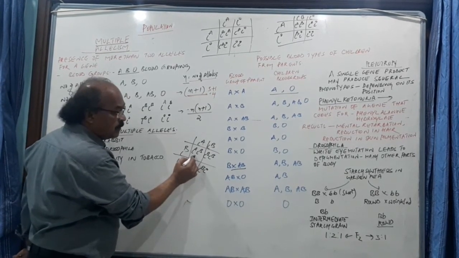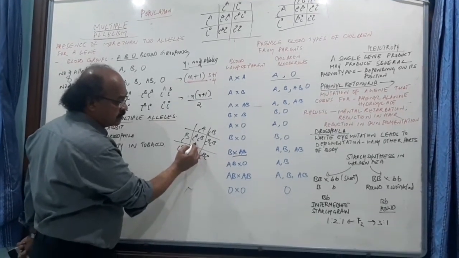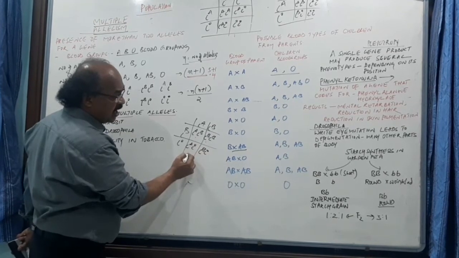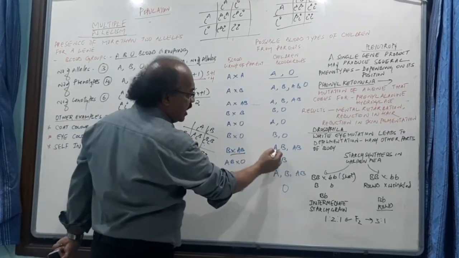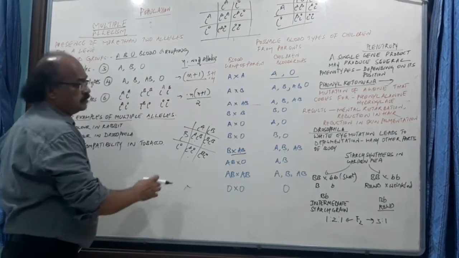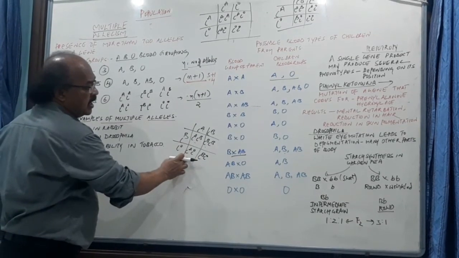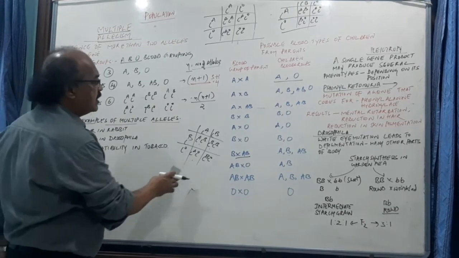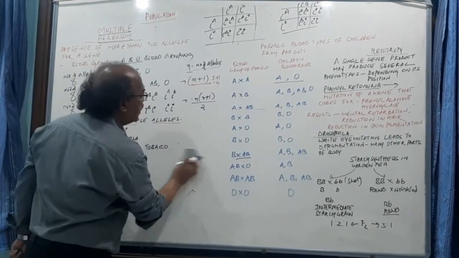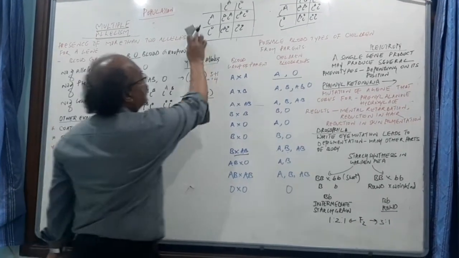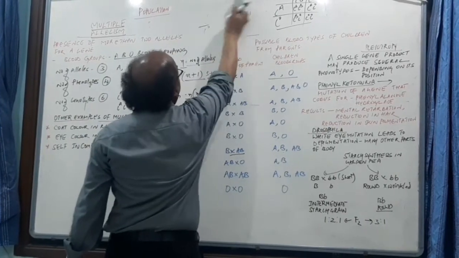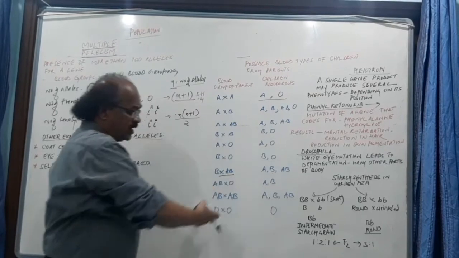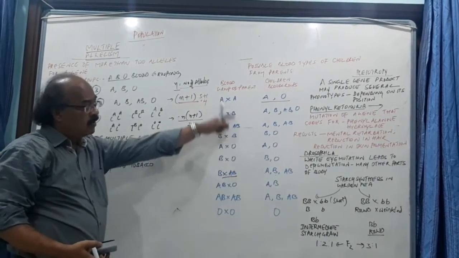You can expect AB, B, A. So A, B, AB can be expected in the progeny. So this is a very important thing we have to remember. You have to do it on your own. Please practice, complete all these cases.